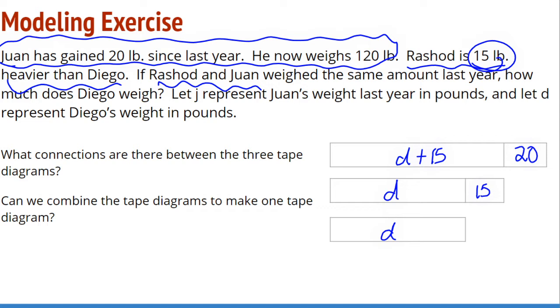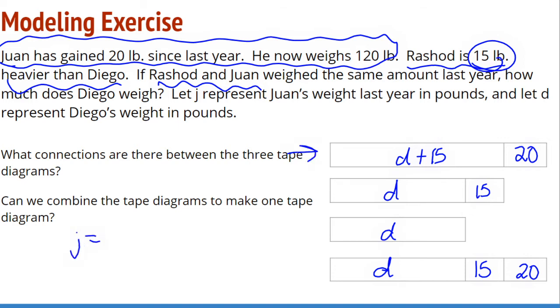Well, yes, we could. Because I know that this is Diego, and I know that this is 15, and I know that this is 20. And I know that this top right here is Juan. Juan is equal to Diego plus 15 plus 20.